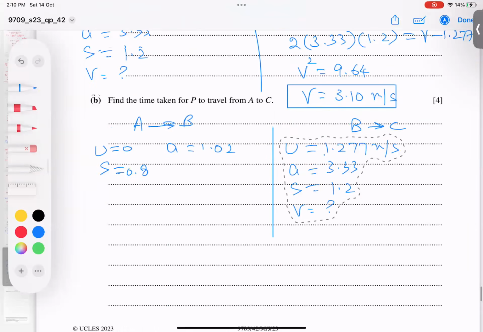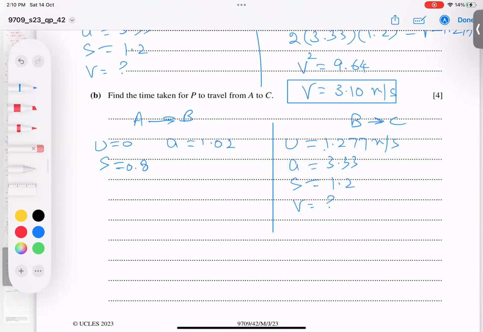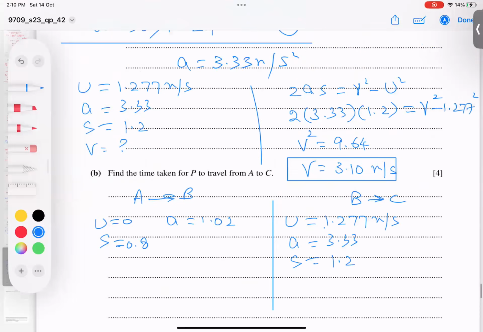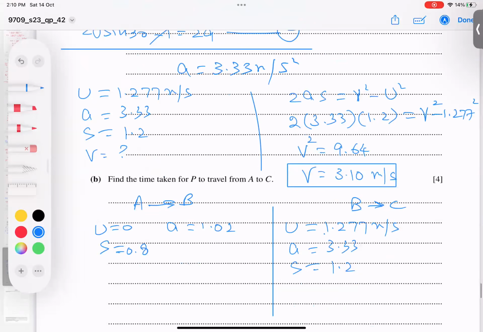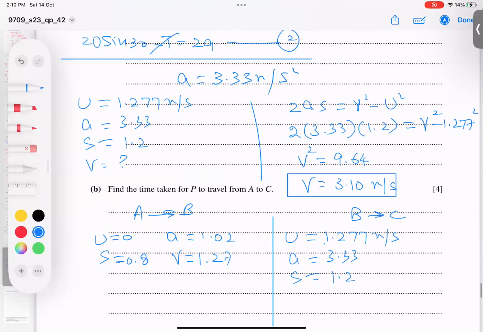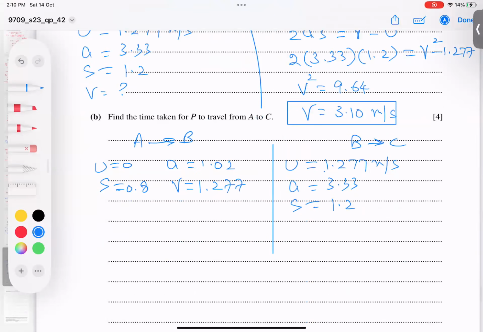Okay, and now I'm going to find it. So let's start. I have all these things available. So what is the formula? Because I'm looking for time. Luckily the velocity of this we have, 1.277. But I think we have no use of this one, because we have to find time.